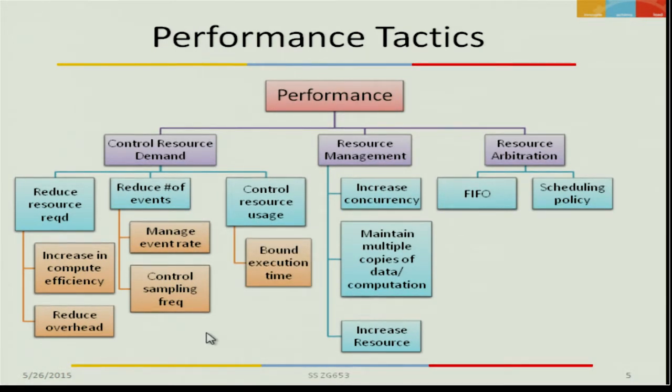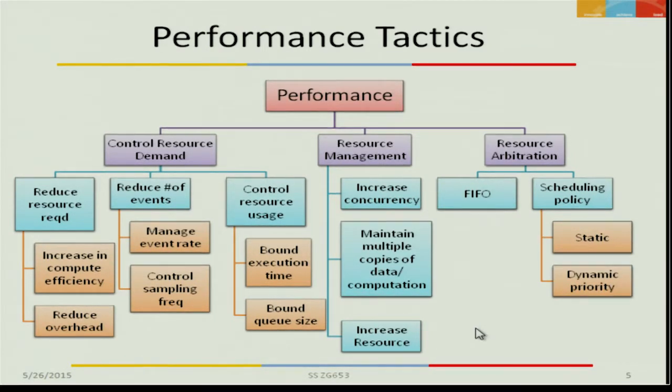Under controlled resource usage, one can bound the execution time, or one can bound the queue size, which can bound the number of input requests. Scheduling policies could be static or dynamic, or even a fixed priority.